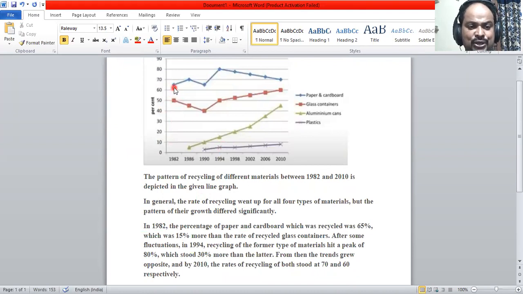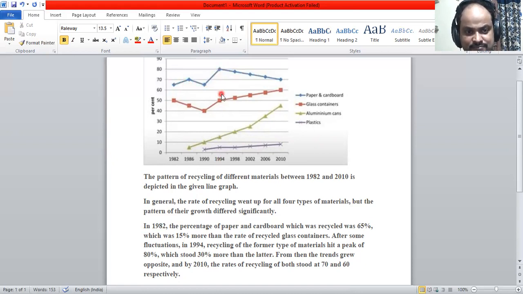In 1982, the percentage of paper and cardboard which was recycled was 65%, which was 15% more than the rate of recycled glass containers. After some fluctuations, in 1994, recycling of the former type of material hit a peak of 80%, which stood 30% more than the latter.